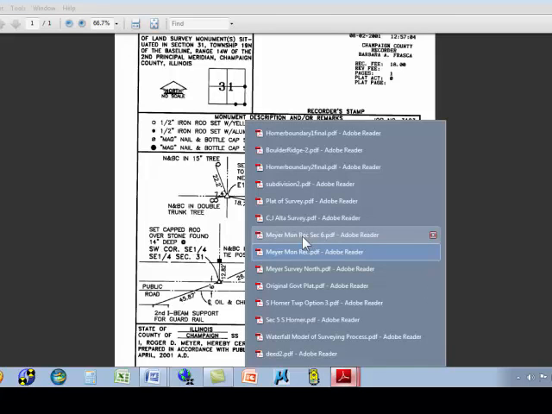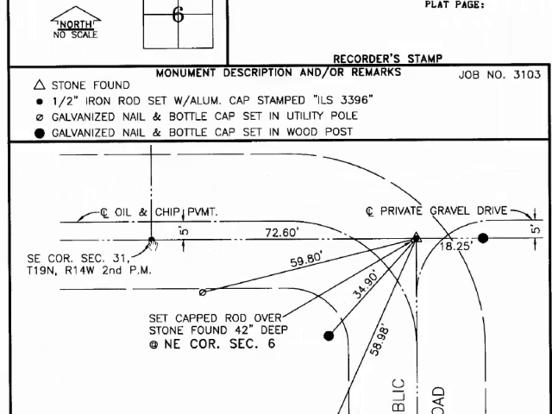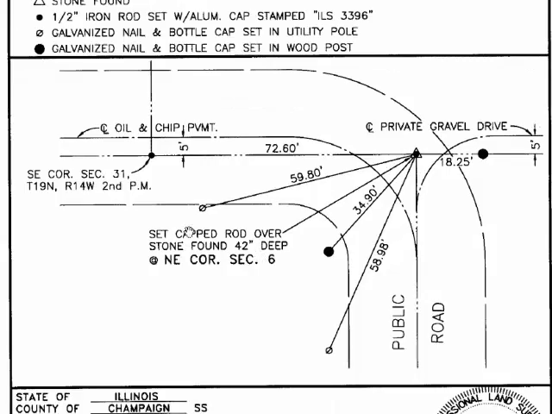So if I look at section 6, which is also in the same vicinity, you see here is his tie to the very same point we just saw, the southeast corner of section 31. Here is also the distance between those two. He has accessories shown here.